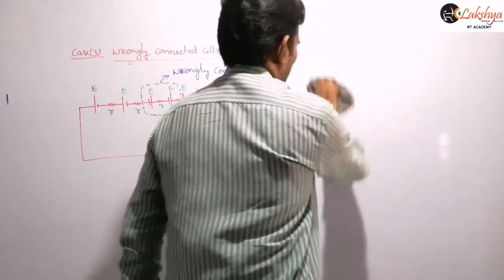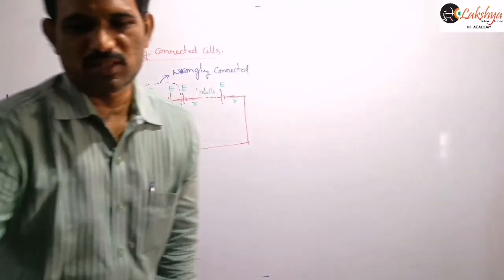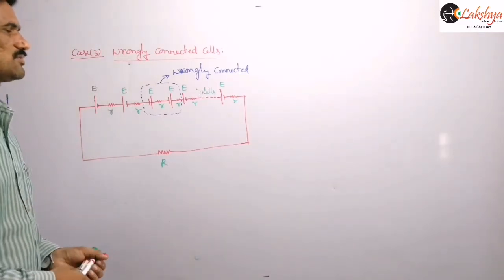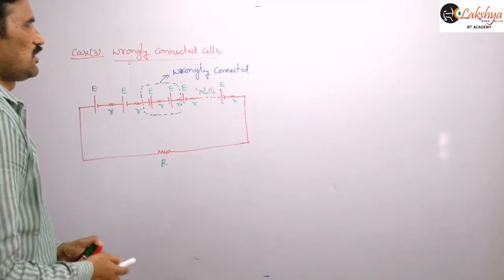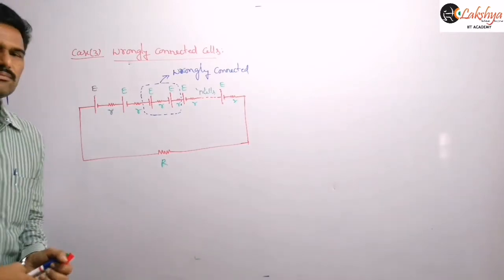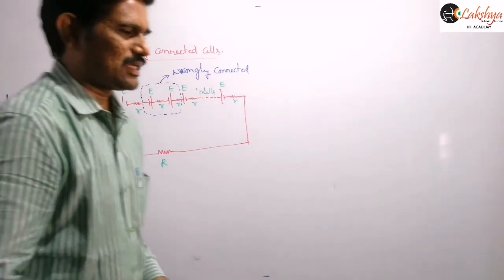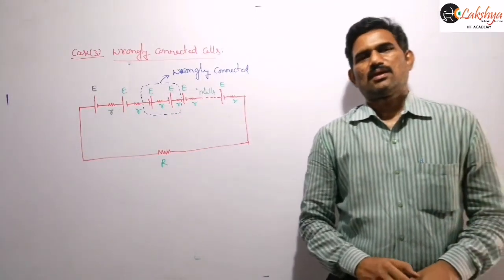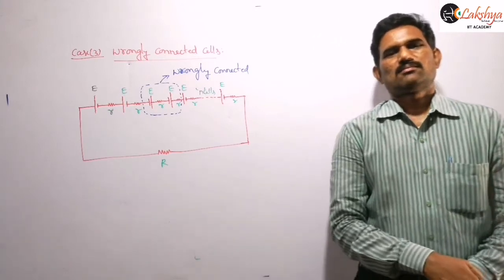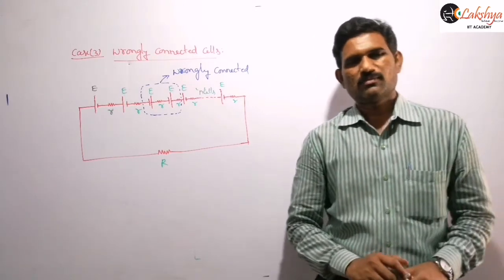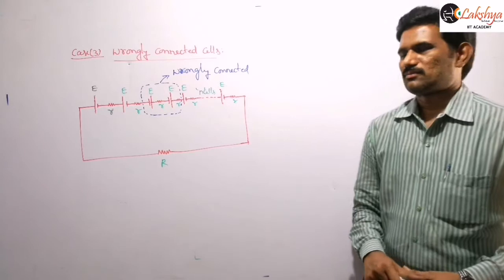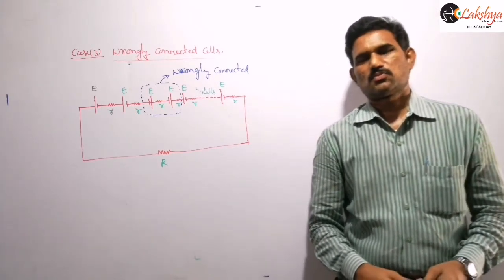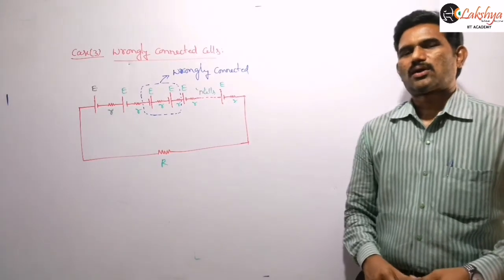Is it clear when the cells are said to be wrongly connected? Then write this assumption. Consider n identical cells, each of EMF E and internal resistance r, connected in series.